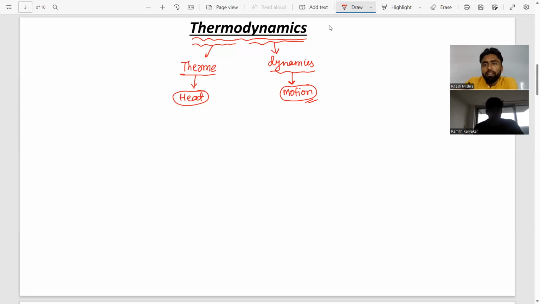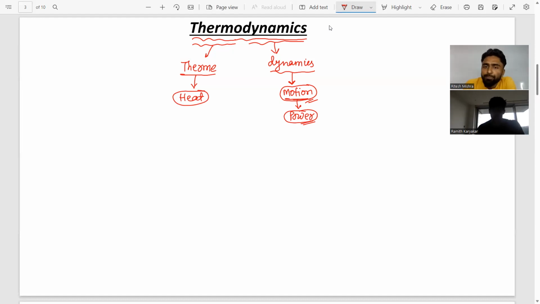In the dynamics part, the body is in motion. So when a body is in motion, that means the body has power. When a body has power, then it will move. So motion, dynamics, means power.